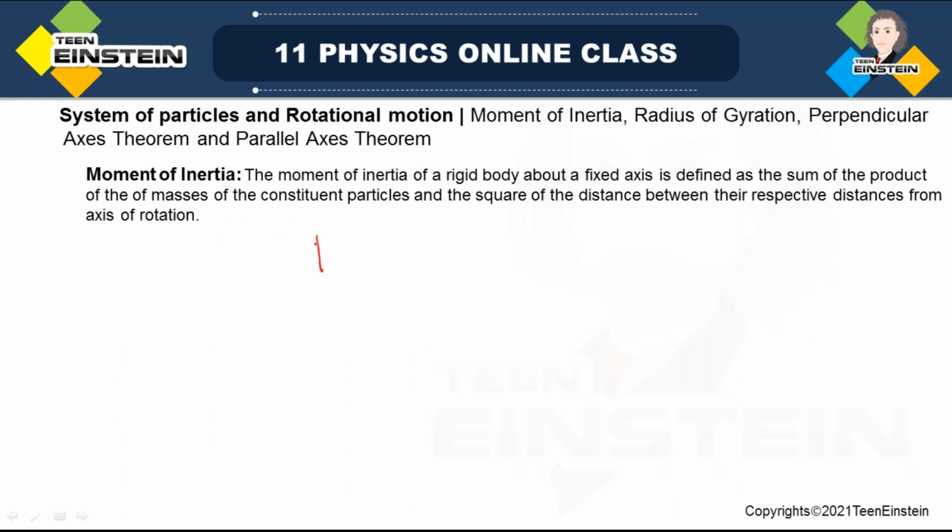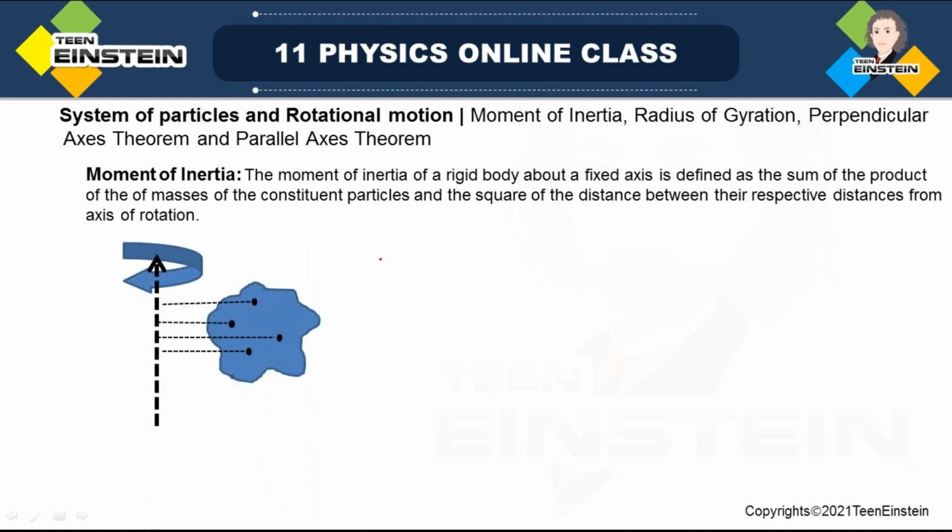So this is actually the definition of I, rotational inertia. In terms of mathematical form, let me tell you what this definition is saying. Suppose I have an arbitrary object which is constituted by many particles, like m1 having mass m1.